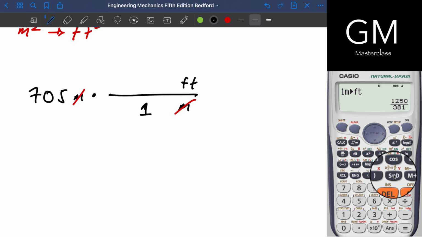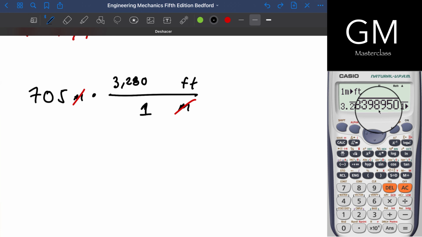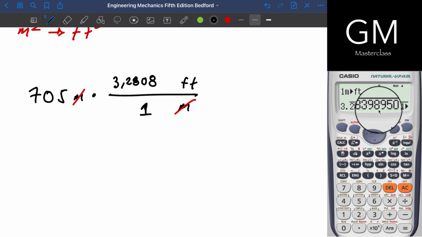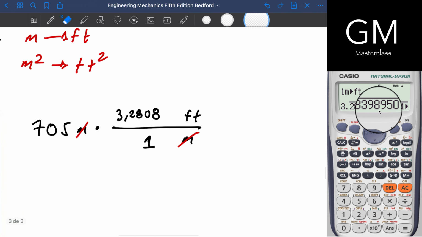1 meter is equal to 3.2808, etc. But because the exercise tells me to use just 3 significant digits, I'm going to eliminate this one and just use this result.